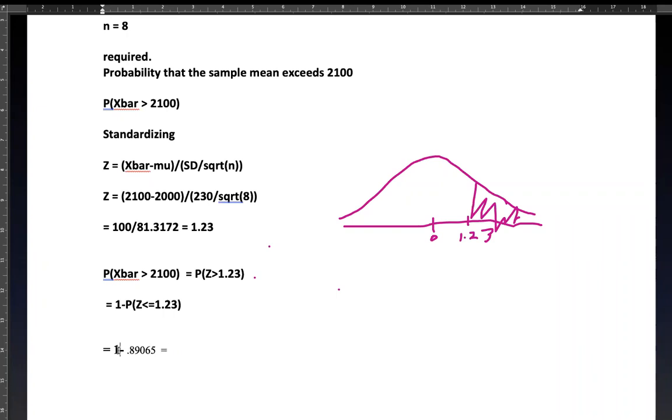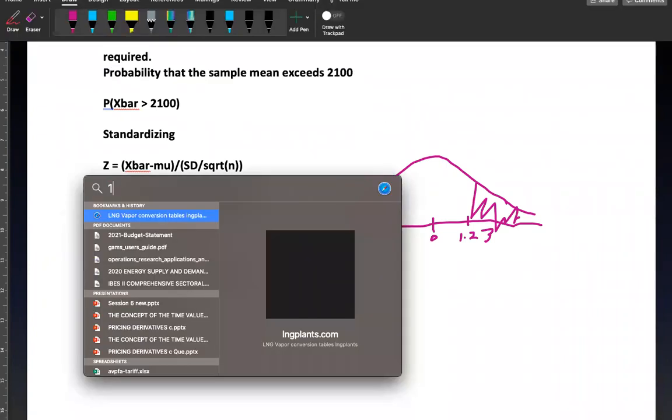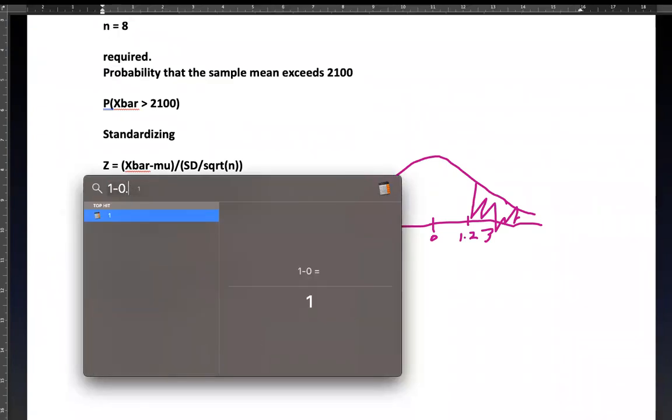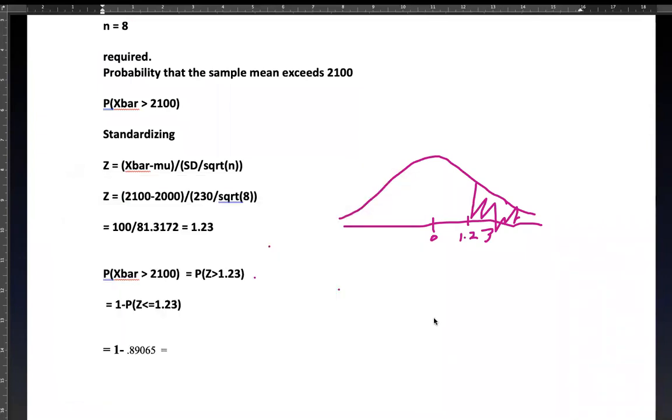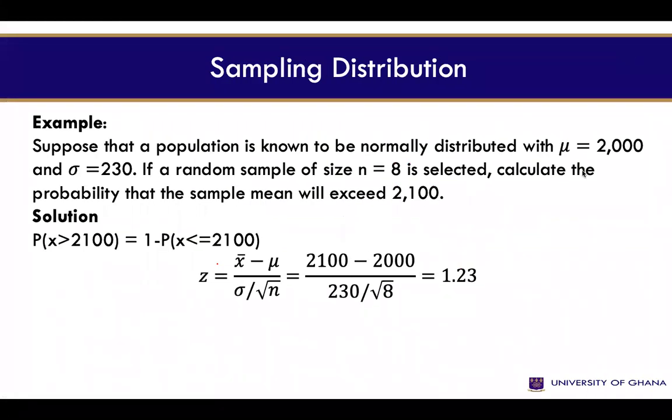So when we subtract from 1, what do you get? 0.10935. Okay, you can approximate this and it becomes about 0.11, isn't it? So basically that is the probability that we are looking for.